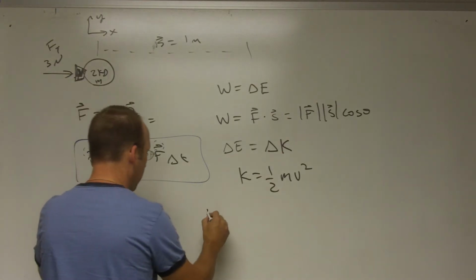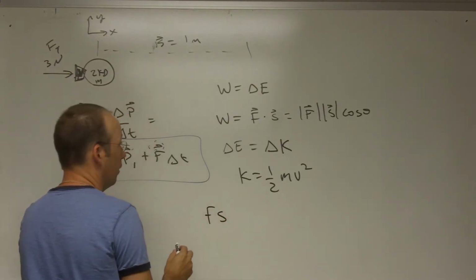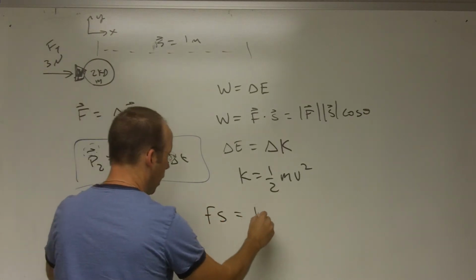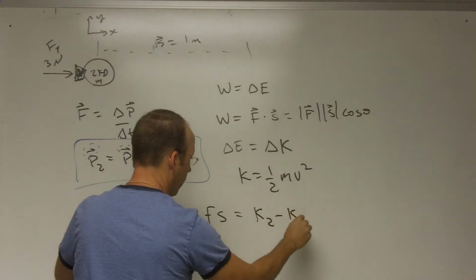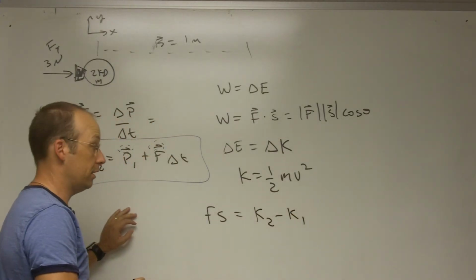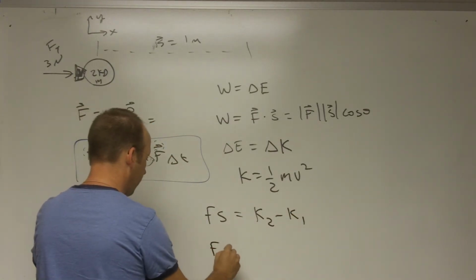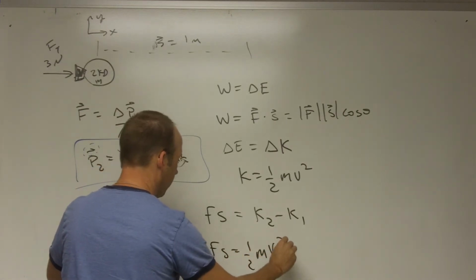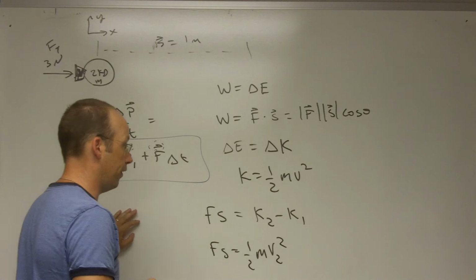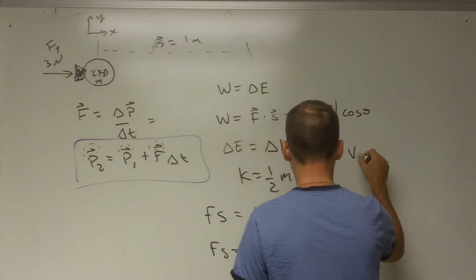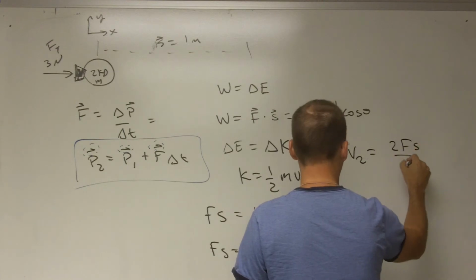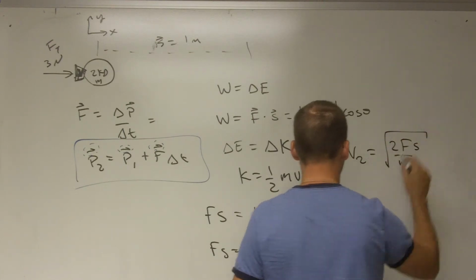The work is going to be Fs, and that's going to be equal to the change in kinetic energy, K2 minus K1. The initial kinetic energy is 0, so Fs equals 1/2 m v2 squared. So I can solve that for v2. v2 equals the square root of 2Fs over m.